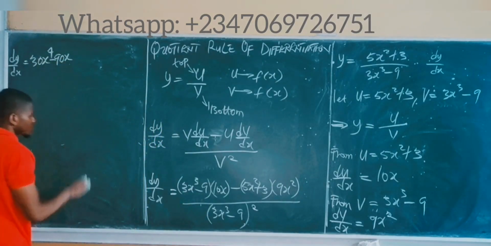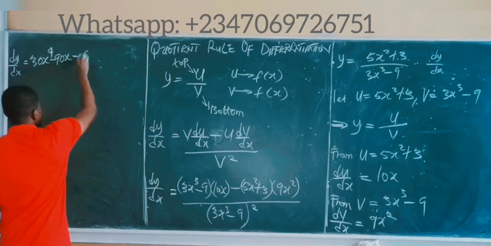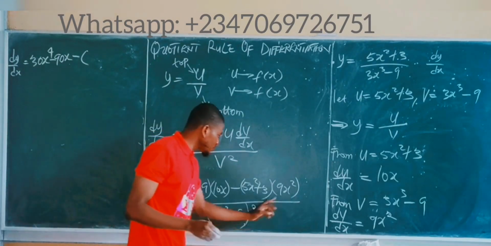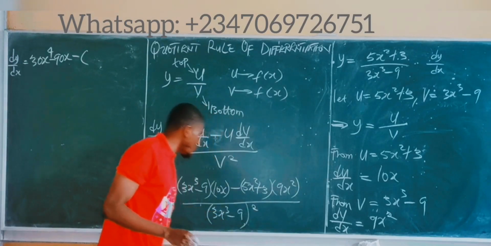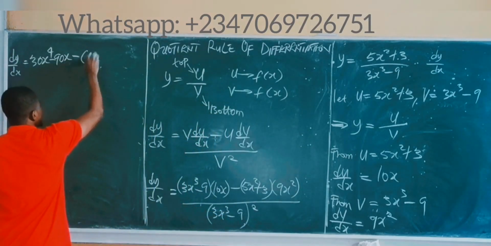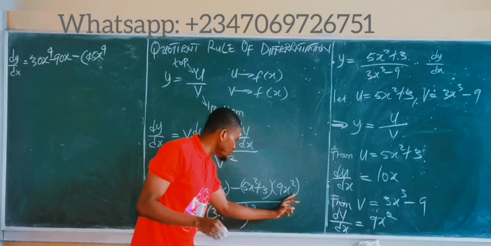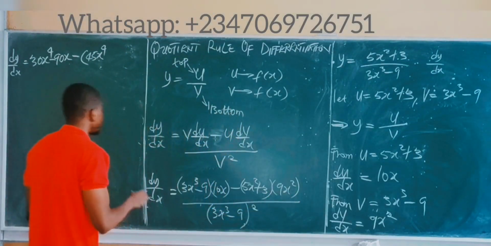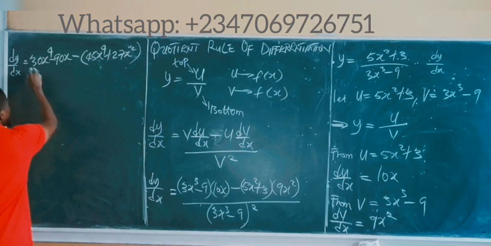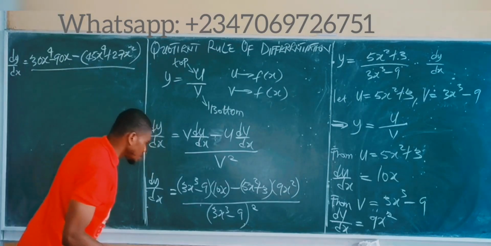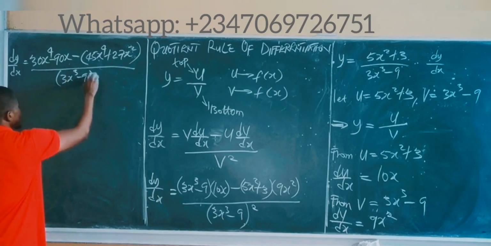Then we put down a minus sign and open our brackets. 9x squared multiplied by 5 gives us 45x to the power of 4, and 9x squared multiplied by 3 gives us plus 27x squared, all over (3x cubed minus 9) all to the power of 2.